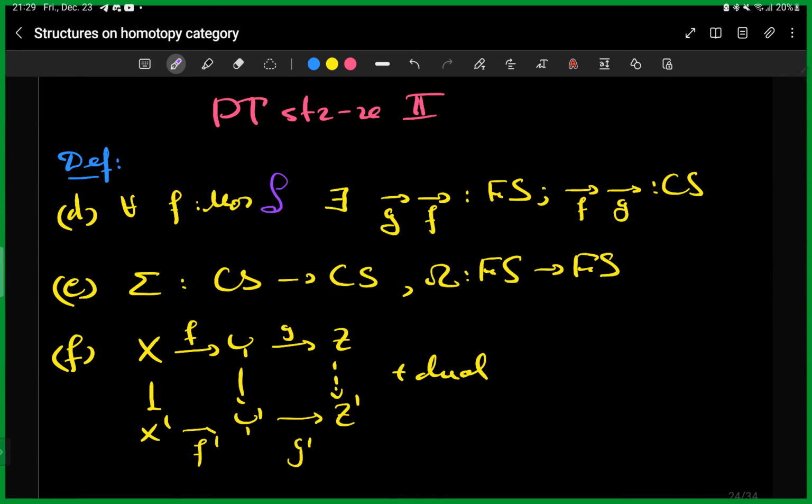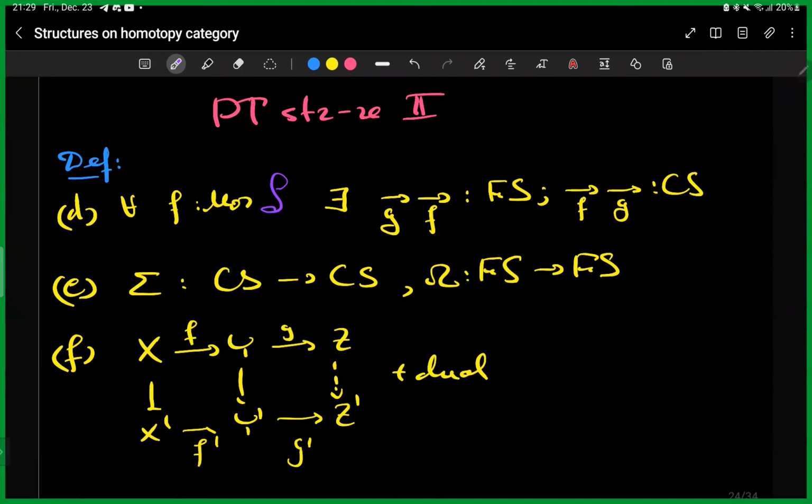Also, a thing familiar from topology, we can always replace a map by a homotopy equivalent map, which is either a cofibration or fibration, and then we can take corresponding fiber or cofiber sequence, and we will get this result.